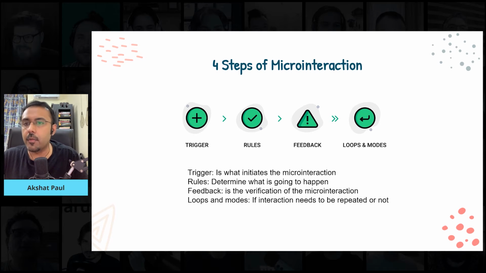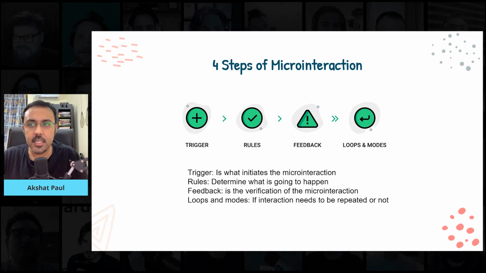While a common micro interaction in refrigerators is that if the refrigerator door is open for too long, it starts to beep, and it will continue to beep till the user intervenes and closes the door. So the final part is loops or modes, where a loop is continuation of the rule, and a mode is where it stops, just providing the information to the end user, and it stops.